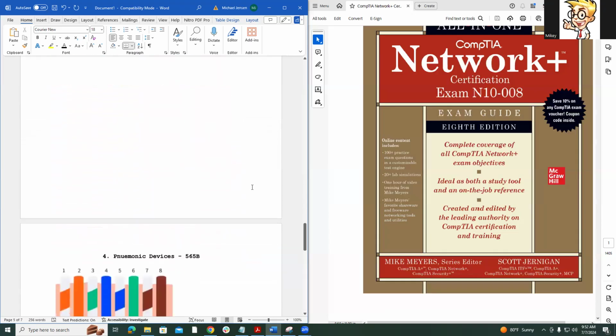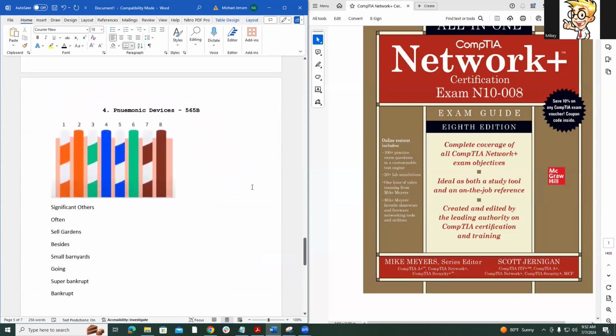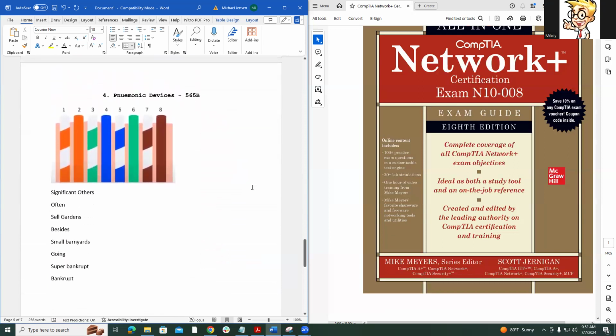For example, I didn't have to do wiring or crimping or cabling or anything like that, but using the tone generator and knowing the difference between 568B and 568A will be easier to grasp since you're already playing with these cables and setting them up.